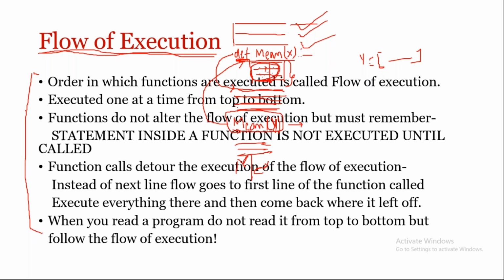Suppose you have called your function mean here and given another data set to calculate the mean. What Python will do, after finding the mean here, is execute this line, this line, this line. The moment you are here, Python will take z, substitute it here, and again execute all these lines.